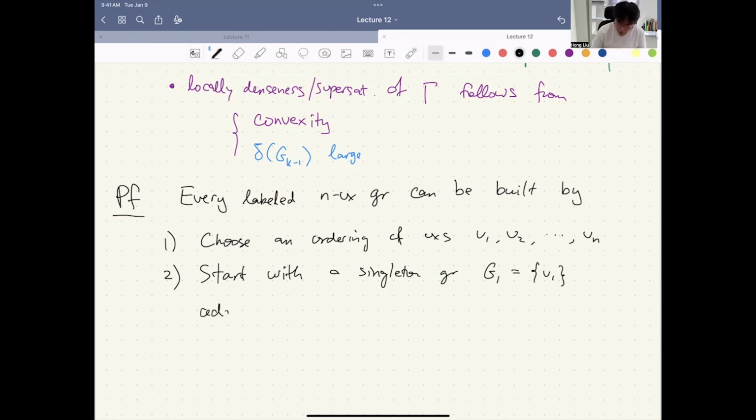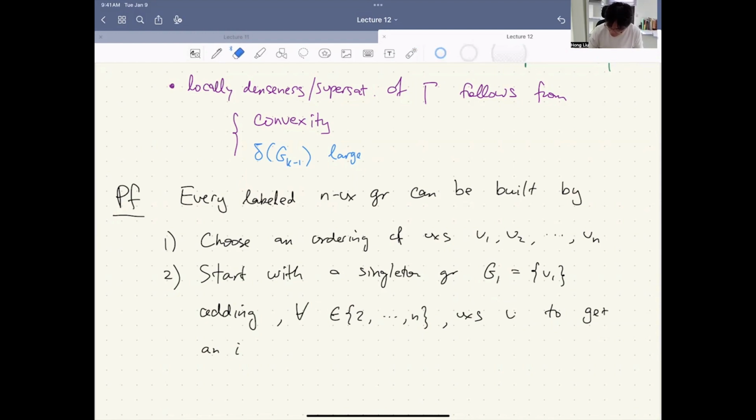Then for each i from 2 to n, add vertex Vi.